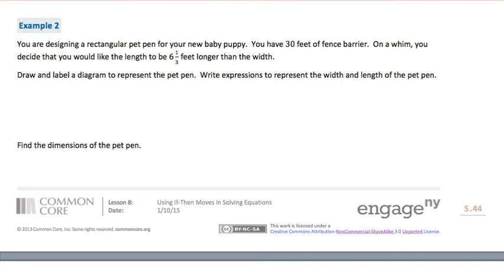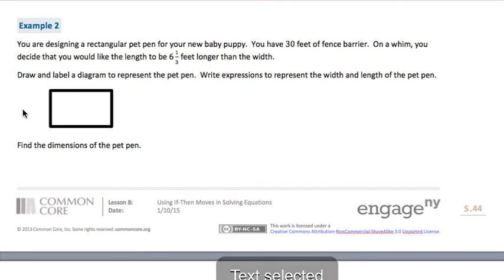So first what we're going to do is draw a pet pen. It's a little rectangle. And you decided that the length needed to be 6 1/3 feet longer than the width.